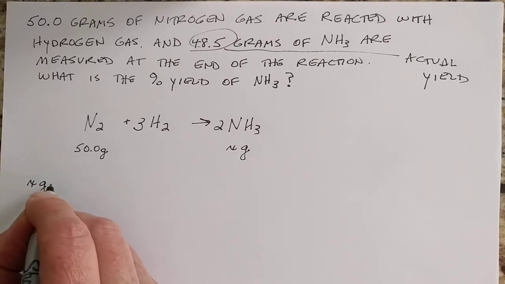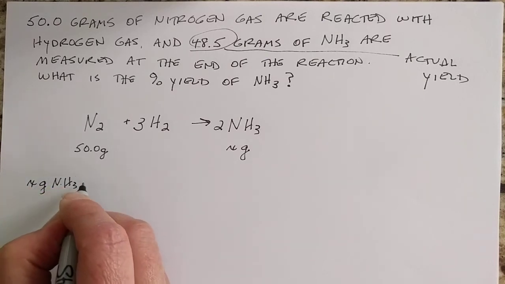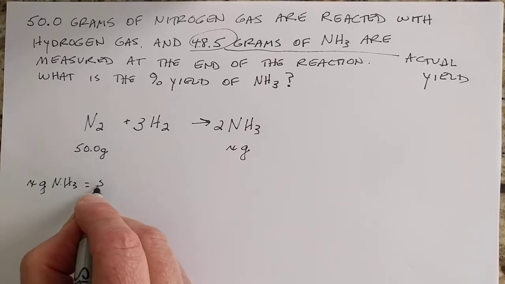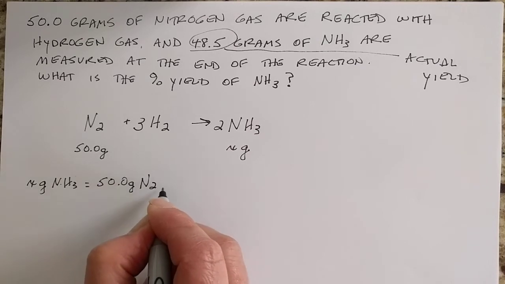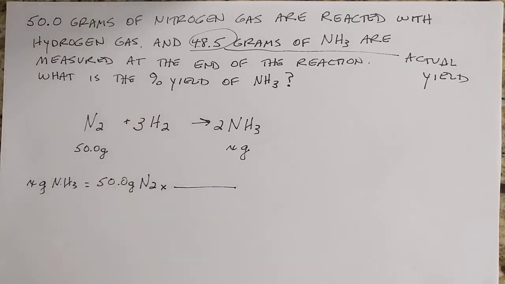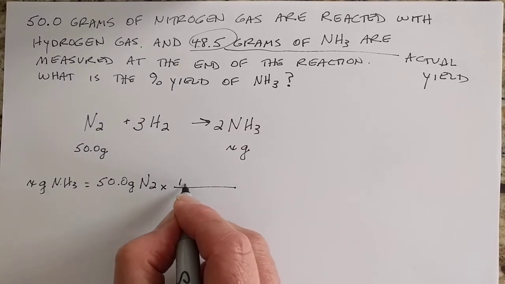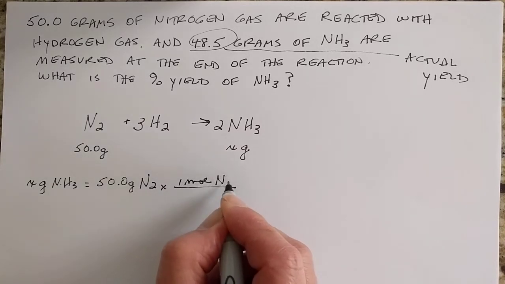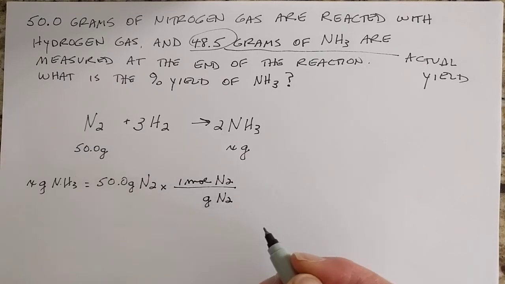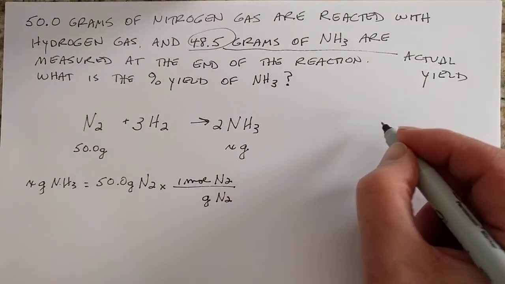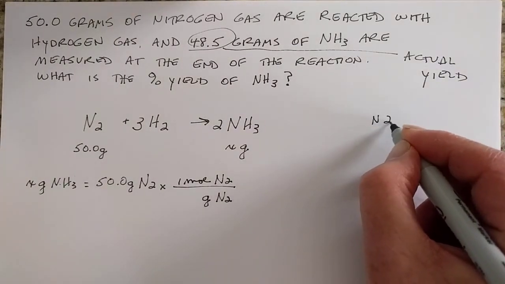So x grams of NH3, set that equal to the quantity that we do know, 50.0 grams of N2, multiplication sign and crossbar. We have grams, we need to change them to moles. So 1 mole of N2, and we have to figure out the grams of N2. So we need to do a molar mass. I'll just do that over here. So we have nitrogen, we have 2 of them.